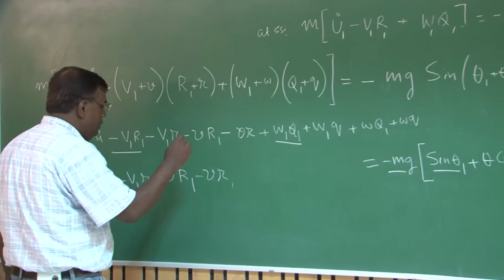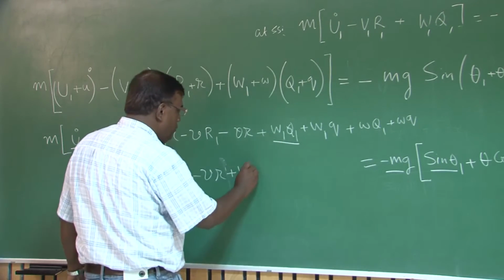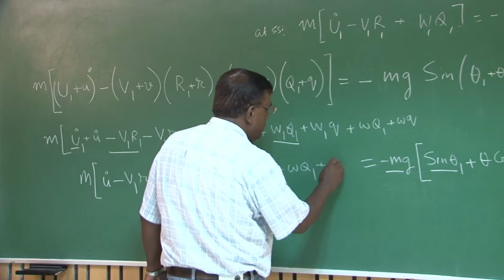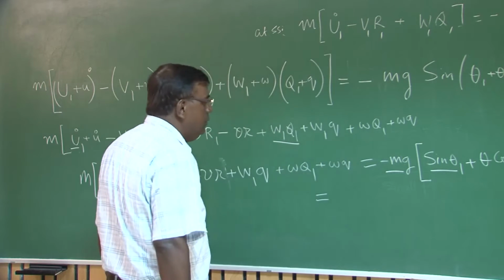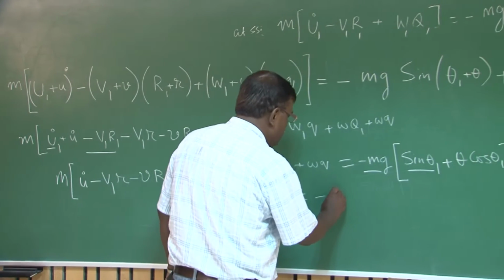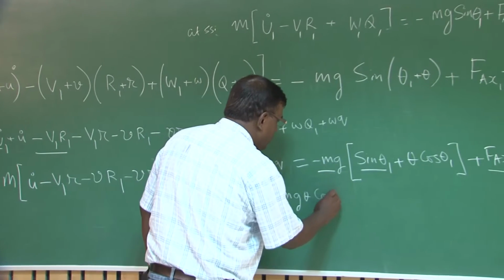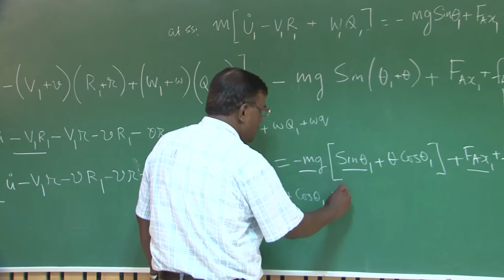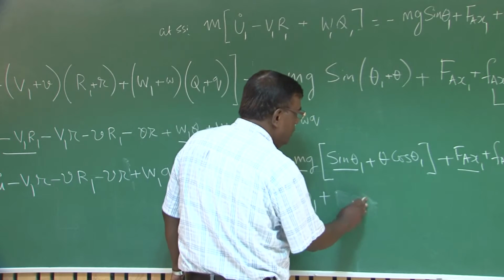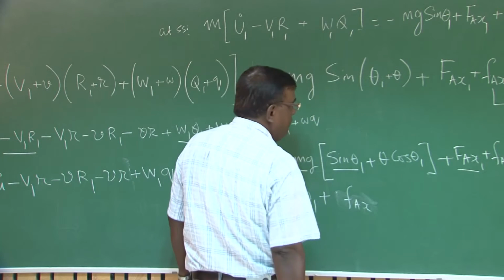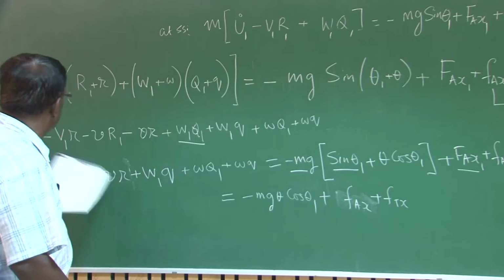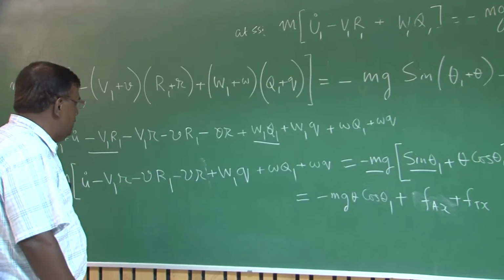So these things are gone. Then plus W1 Q plus W Q1 plus WQ. This will be equal to, mg sin theta 1 will get cancelled, we will have minus mg theta cos theta 1 plus, FAX1 plus FPX1 is also gone, we will have FAX plus FPX. Here I am using this equation on the left hand side, so all this will get cancelled.